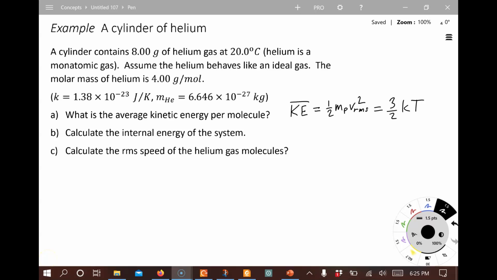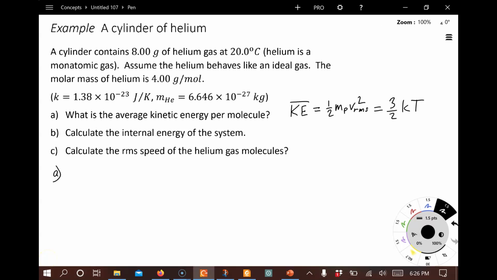All right, so for part A, we're going to calculate that average kinetic energy. And since we know what the temperature is, and we've been given Boltzmann's constant k, we'll use that version there, 3/2 kT. Now, just like with the ideal gas law, anytime you're using a temperature with kinetic theory, any of these equations, you have to use absolute temperature, Kelvin.